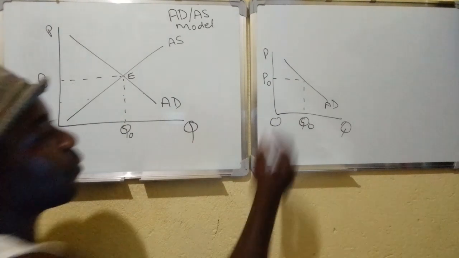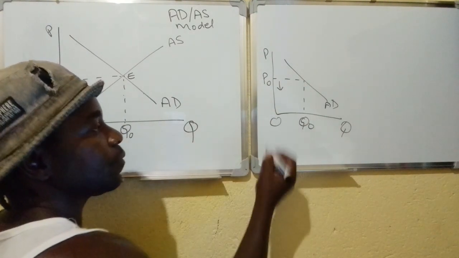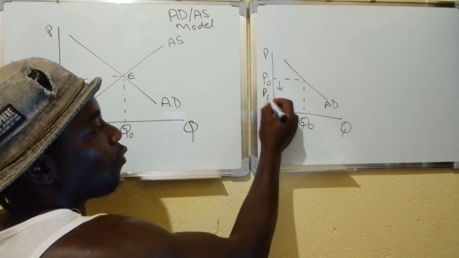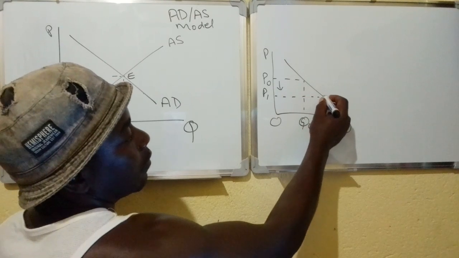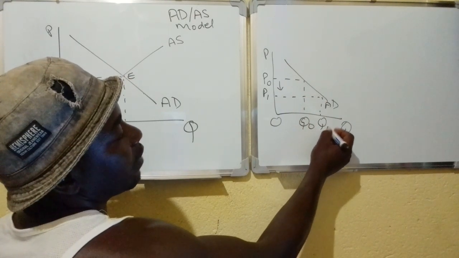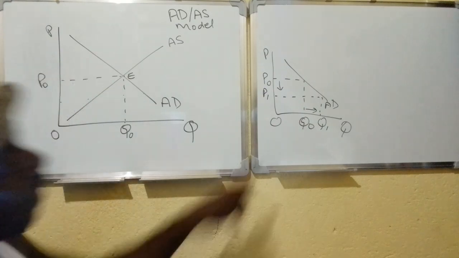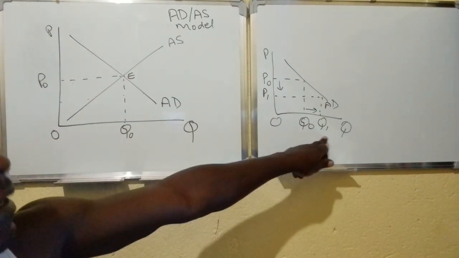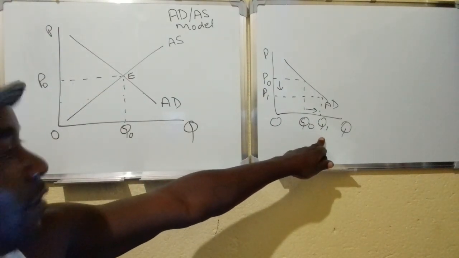Now prices drop. As prices drop to P1, we feel more wealthy. We increase our quantities demanded for goods and services.